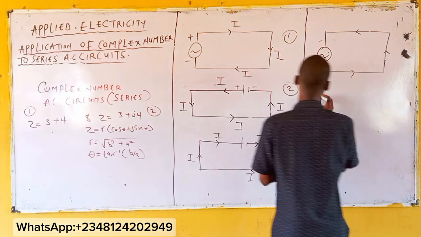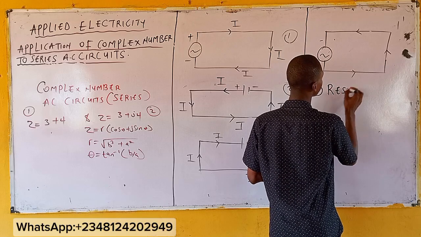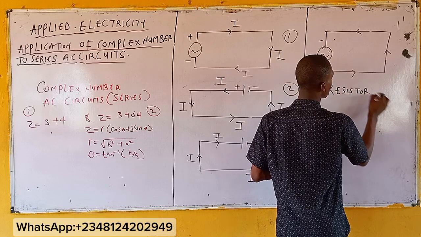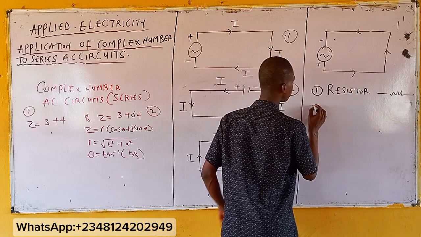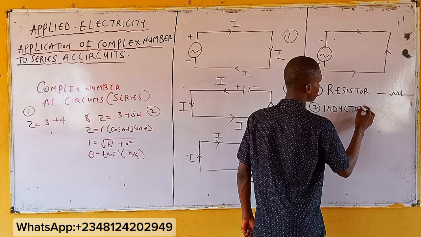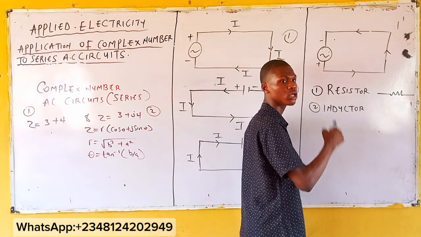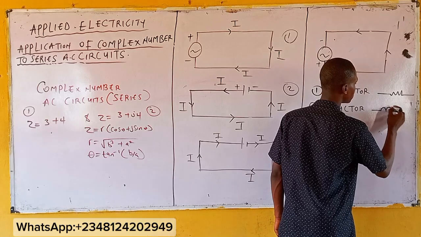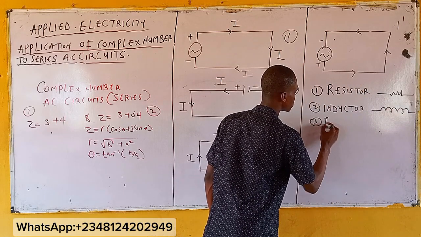Now the number one is we still have our resistor, and this is how we represent your resistor, right? Number 2, we have our inductor. How do you represent your inductor? In a curly way, right? We have it in this manner. Then we have our frequency.